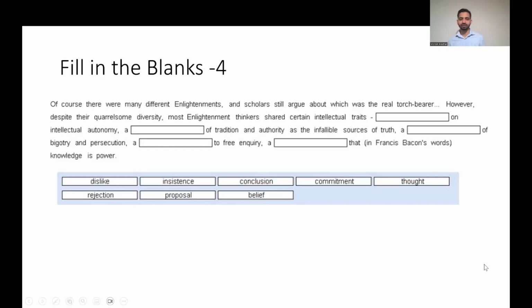All right, the next one, I'm going to read the article first to gain an understanding of the topic, and then I'll do the blanks one by one. Of course, there were many different enlightenments, and scholars still argue about which was the real torchbearer. However, despite their quarrelsome diversity, some Enlightenment thinkers shared certain intellectual traits.